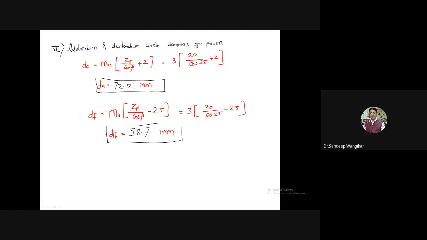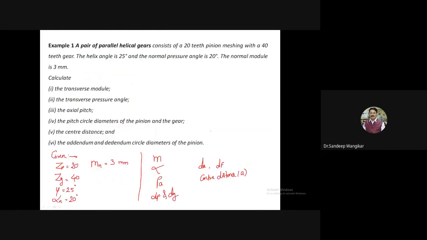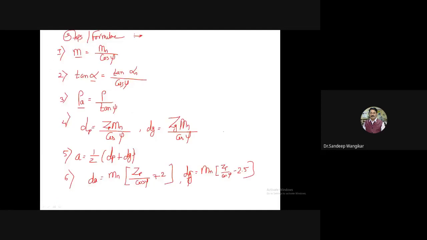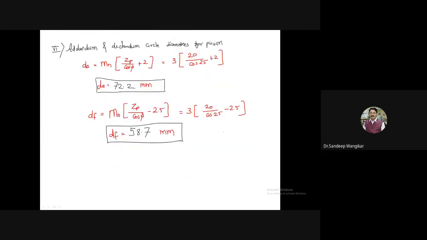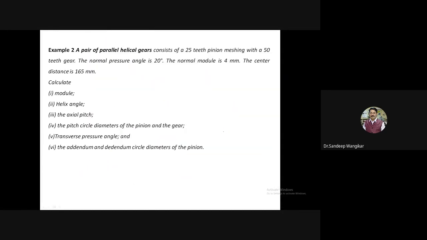Very good. So in this way, we can solve this numerical. Very simple, and these are the formulas. In one of the cases, if psi is not given, then how to calculate this? Okay, this problem is over. Let us take the next problem.